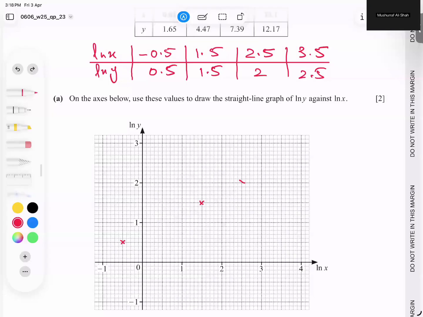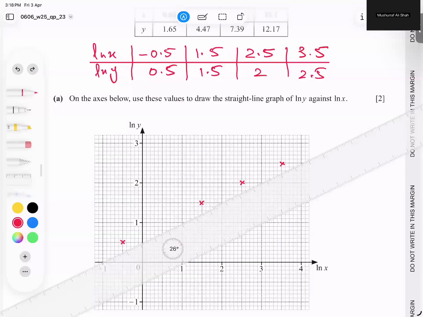And I'm going to draw a best fit line. So students, check it. Luckily, all four points are coming on the line. So what is the C value?